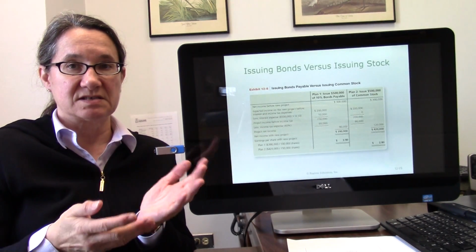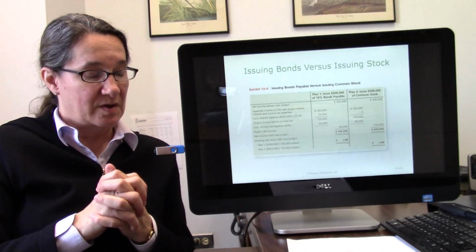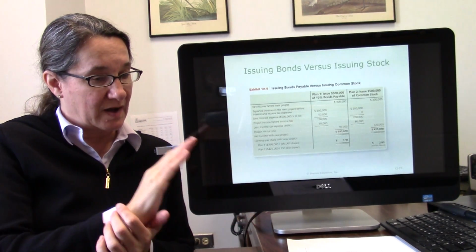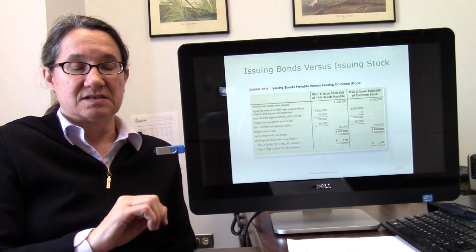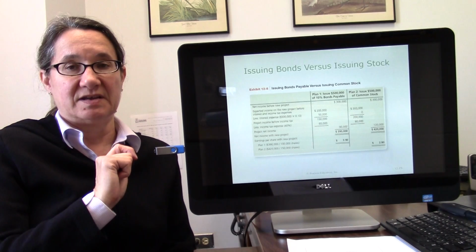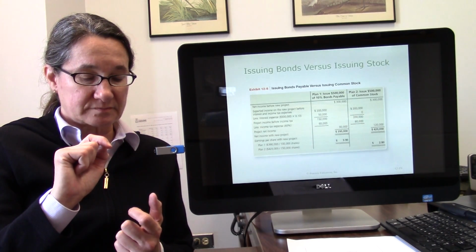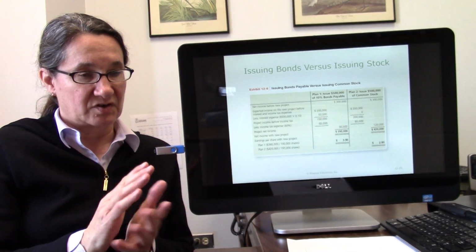For purposes of this class, for this next exam, we're thinking about bonds, and we are going to talk about equity next. Right now, in chapter 12, we're talking about long-term liabilities, which are mortgages, bonds, and long-term notes.